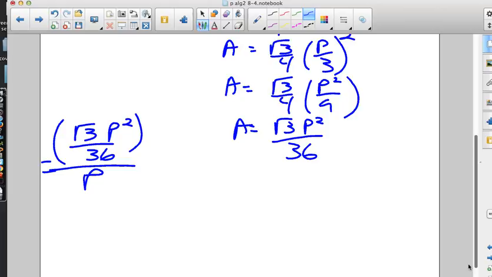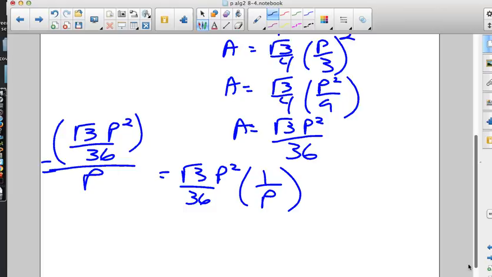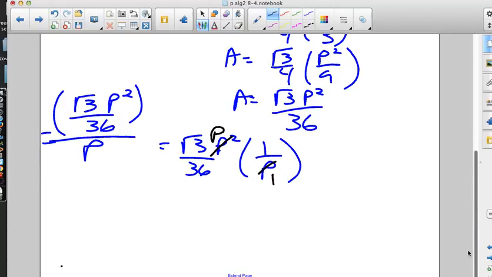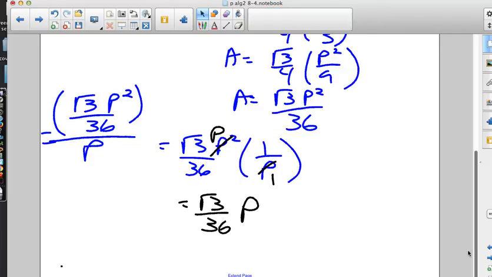It's still there. Multiply by the reciprocal: square root of 3 over 36, p squared. We could keep that p squared in the numerator for just a second to help us out. What's happening? One p is gone. That is good news. So now we have the square root of 3 over 36 p.